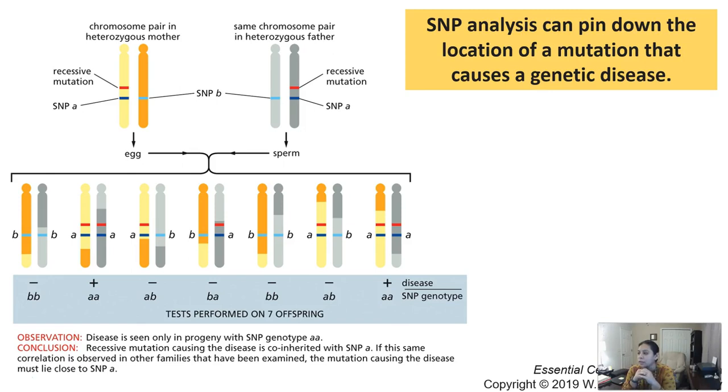Now, many times SNP analysis can help you pin down the location of a mutation that causes a genetic disease. Let's say we don't know what gene it is. We have no knowledge of that gene, but there's a particular disorder or mutation that we're seeing, a genetic disease that is coming up in a particular family.